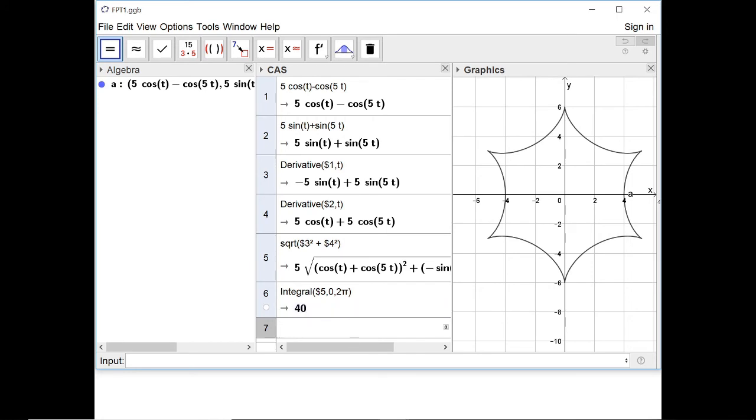Now, I can check this by finding the length of the curve in a slightly different way. So going into the graphics window, I've got my function plotted here, and I can use the length function and say the length of my curve, which is called A, from 0 to 2 pi, and then that generates the answer up here, B equals 40. So I've got the answer of 40 in two different ways there.